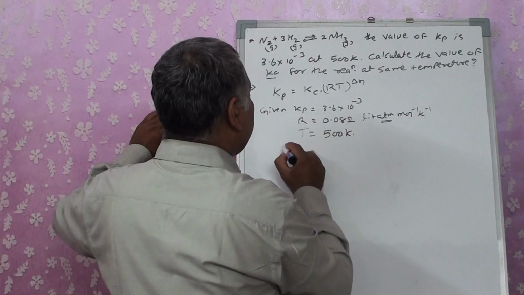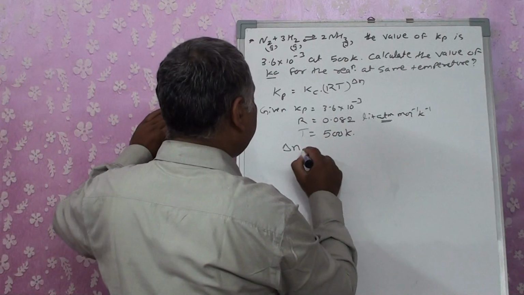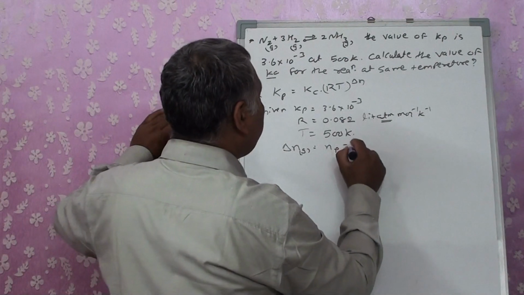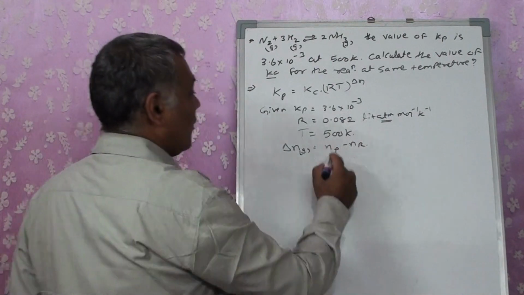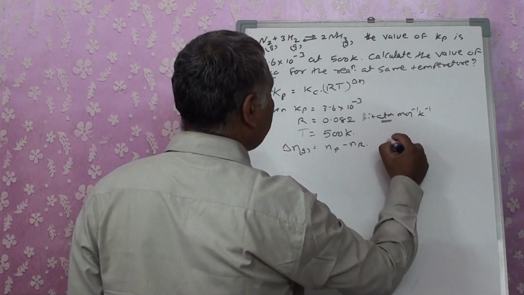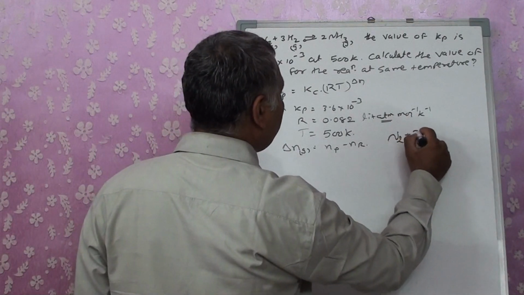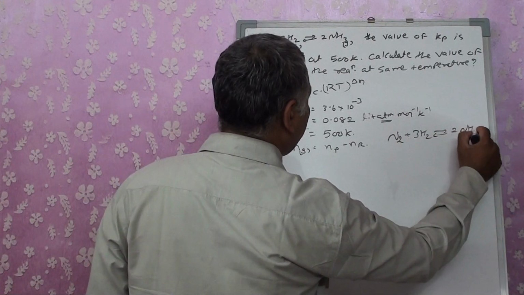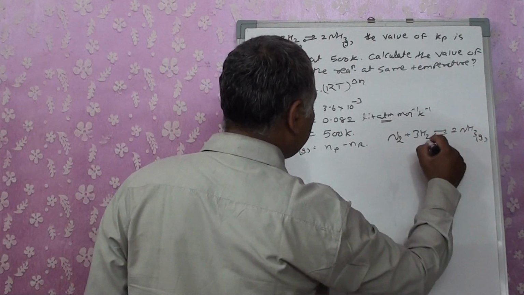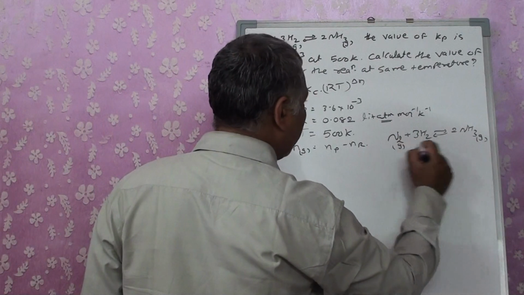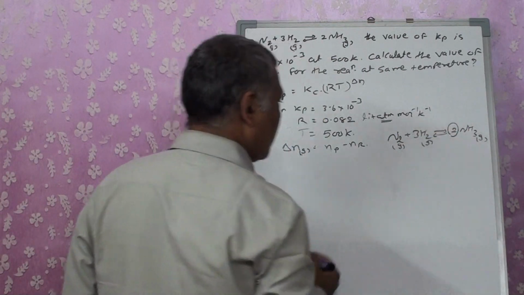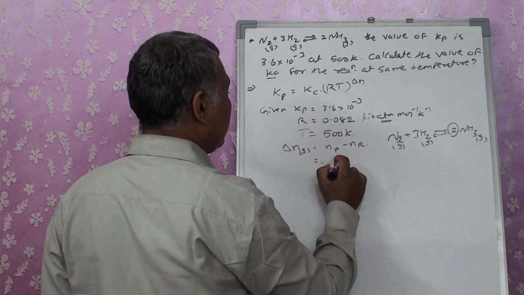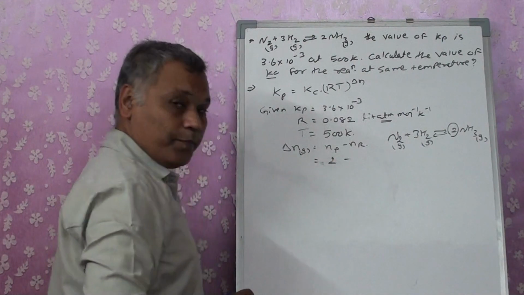And delta n, we will be getting it as Np minus Nr. For this reaction, N2 + 3H2 gives 2NH3, the gaseous components are there, so the number of moles of products, Np, is 2.